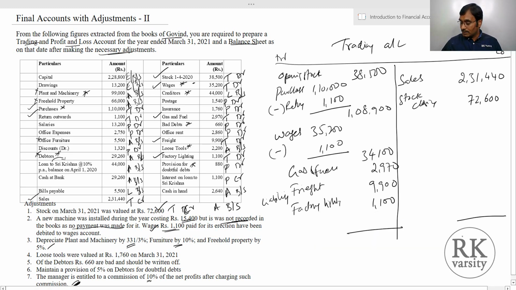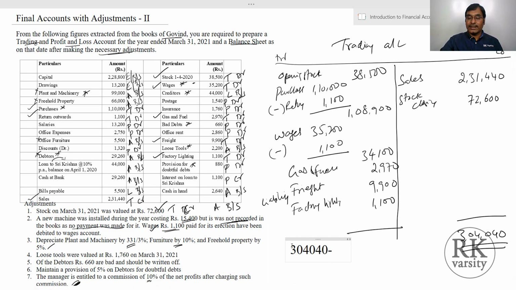From this we deduct our direct expenses: 3,04,040 minus 38,500, minus 1,08,900, minus 34,100, minus 2,970, minus 9,900, minus 1,100.